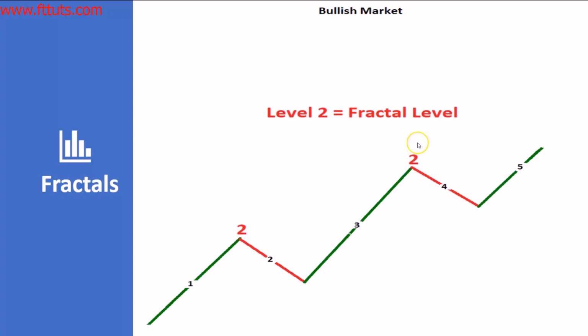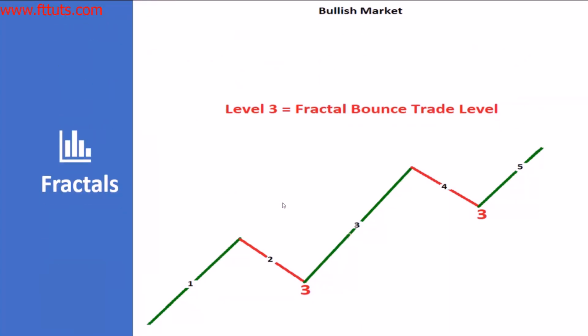Every level 2 is pretty much a fractal level. Definitely it will be a fractal level, but every fractal level will almost always be a level 2 in our 1, 2, 3 structure. So every bull fractal should be level 2 for you.